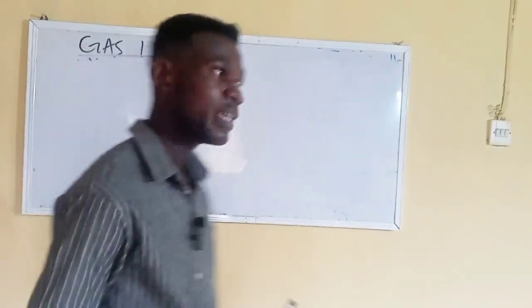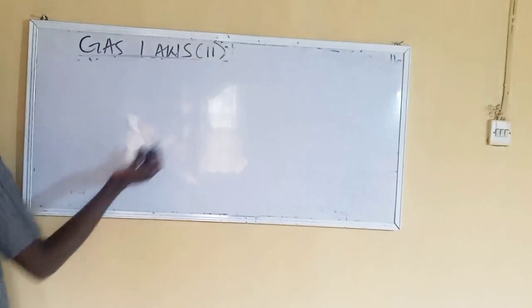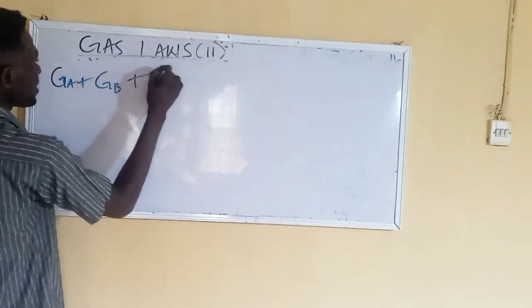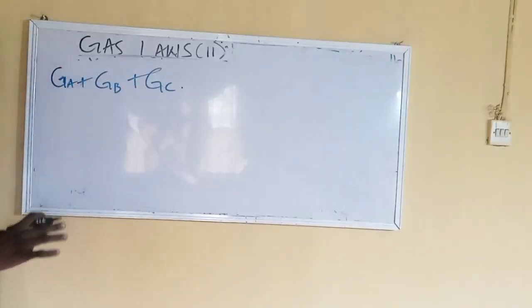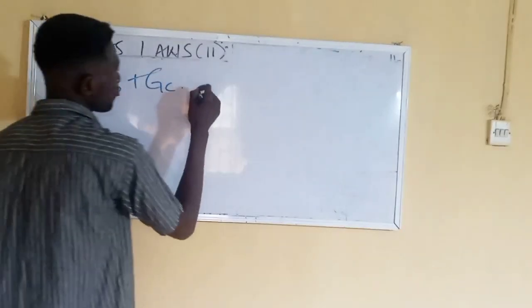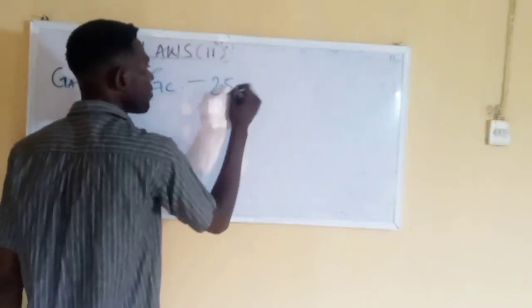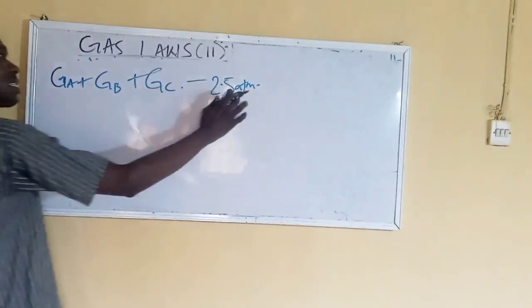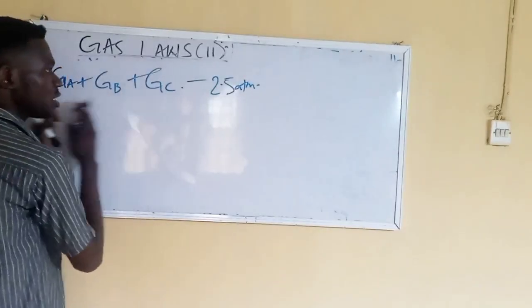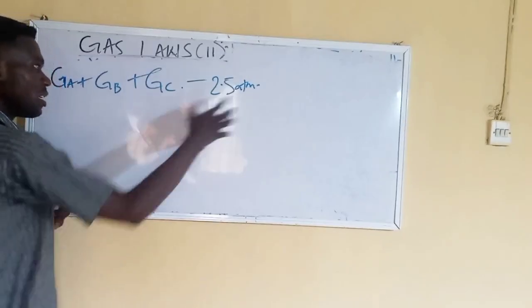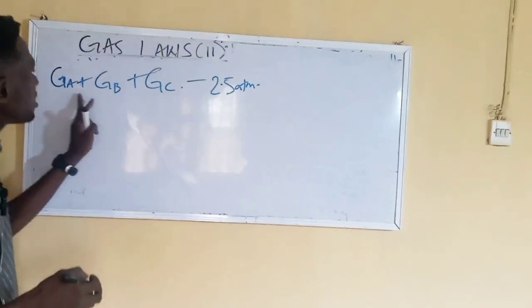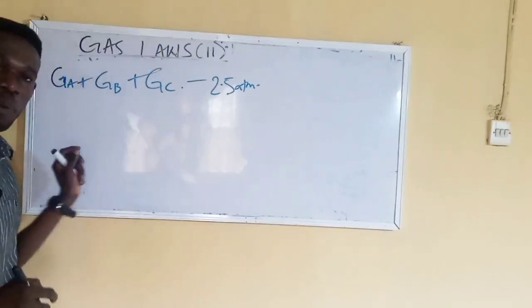So what this statement is analyzing is that if you have different gases, maybe gas A, gas B, gas C, and they all exert a pressure of maybe 2.5 atmosphere, for example, this is a sum of the individual pressures at which they exert together. They have what we call partial pressures.